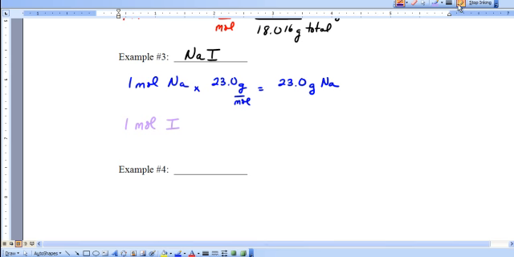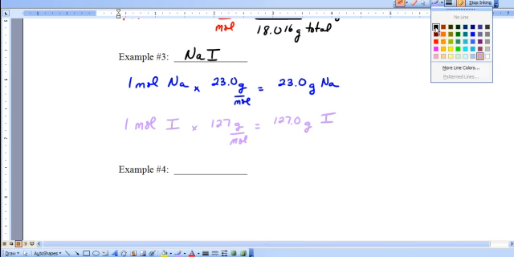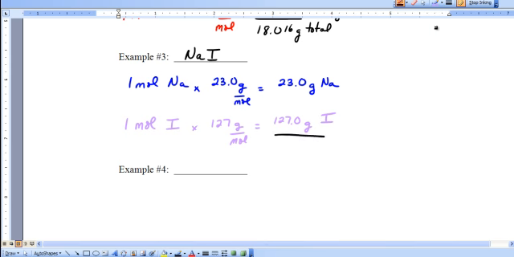With the iodine, the iodine has a mass of 127 grams per mole. So that gives us a mass of 127 grams of iodine. And so when you add that up, we have a molar mass that's going to be 150 grams total.